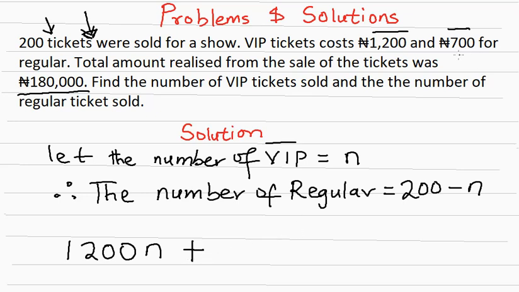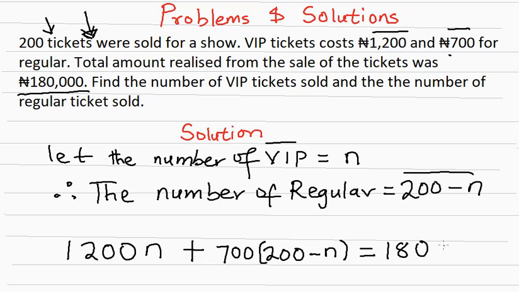Each regular ticket is 700, so that is 700 multiplied by the number of regular tickets, which is 200 minus n. The total amount realized for VIP and regular together amounts to 180,000.